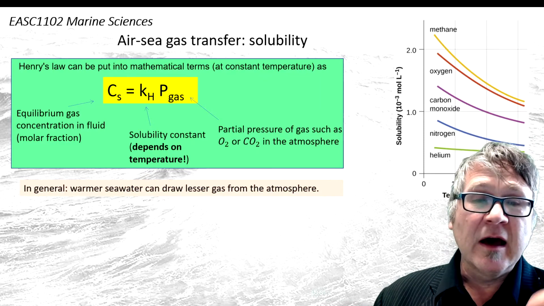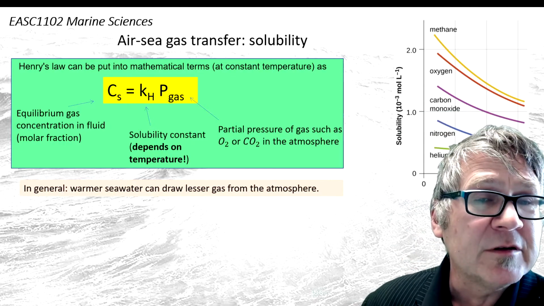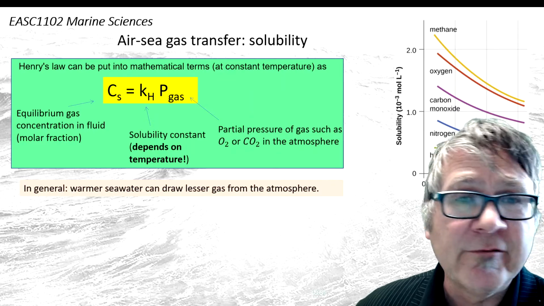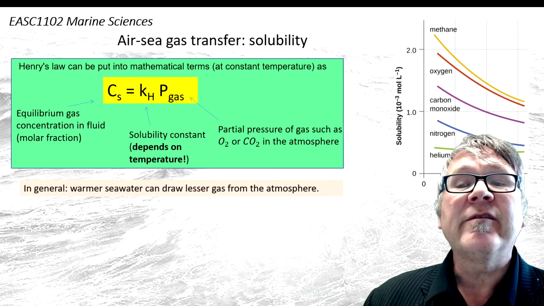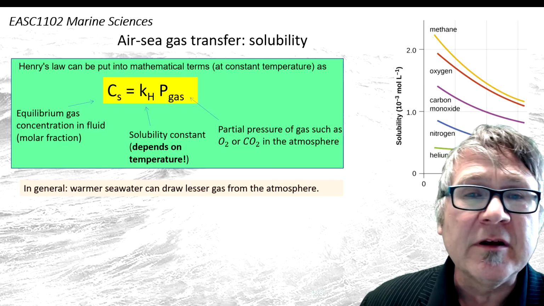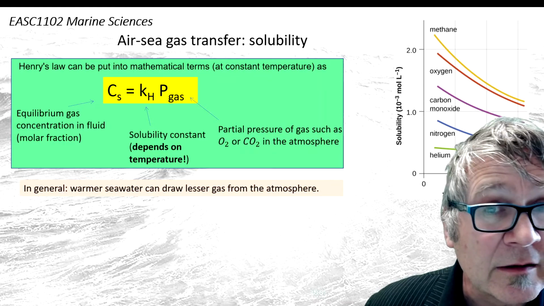Now you have a fluid, and you expose the fluid to that gas for a very, very long time. After a very, very long time, you get an equilibrium concentration of your gas in the fluid, like in the ocean.